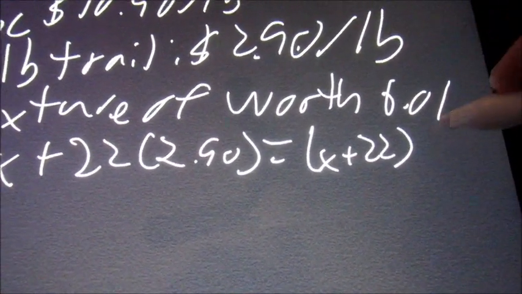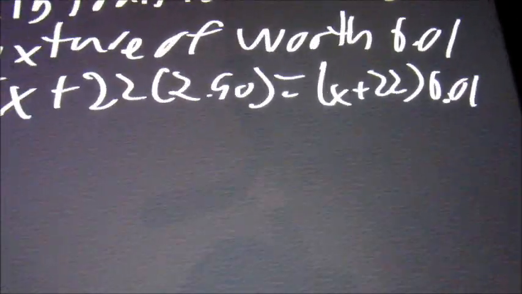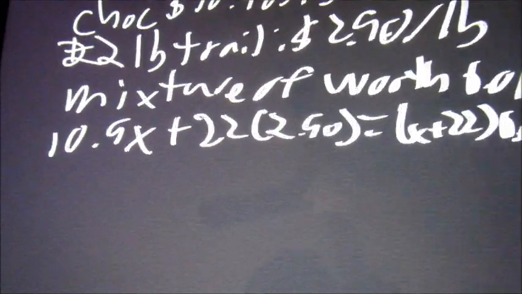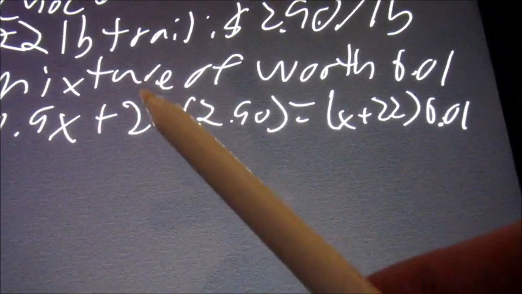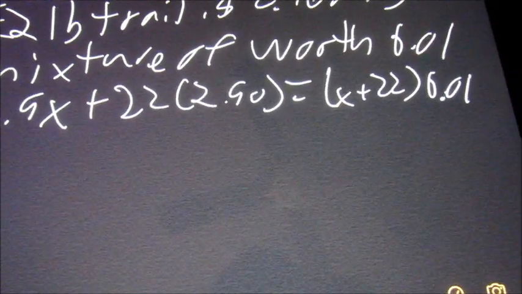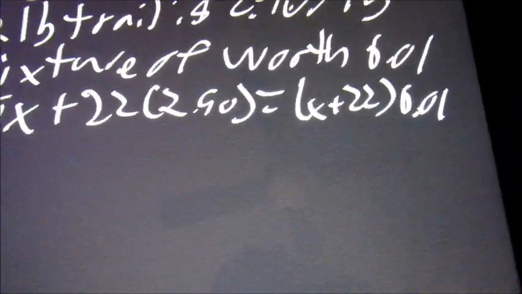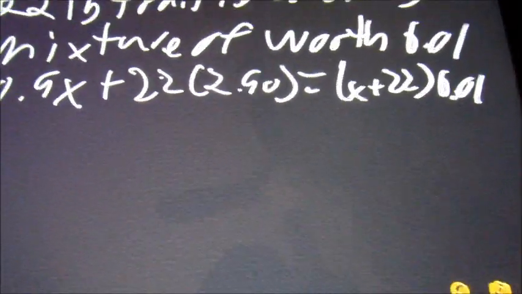And it's going to be worth 6.01. So this is how you're going to do this one. You have no idea what the chocolate is, but you do know what the trail mix is, and you don't know how much the total is. So that's where you're going to have to distribute. You're going to have x plus this 22.